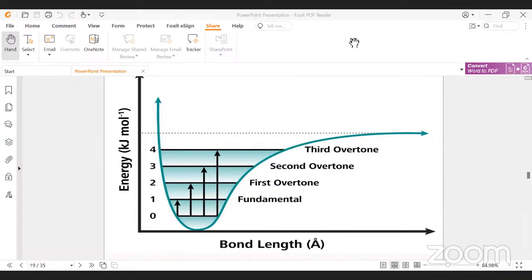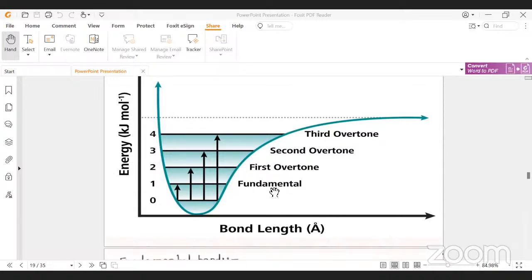Then the first overtone. What does it mean by first overtone? Look here. It represents a double jump by the molecule from V0 to V2.